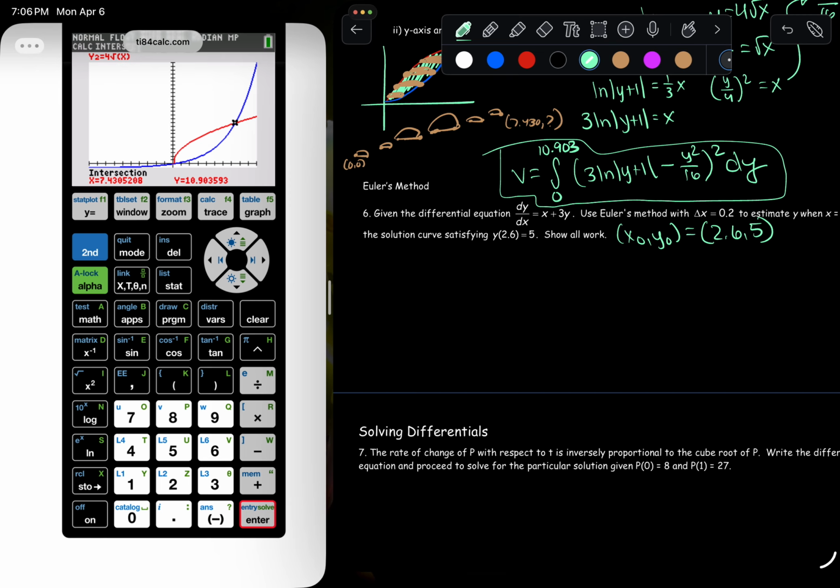We are using multiple tangent lines in order to get the approximation here, okay? So we have y sub 1 is equal to y naught plus dy/dx times delta x. So we have where we are starting, then we have our dy/dx, and then the change in x, and this is going to get our approximation for y sub 1.